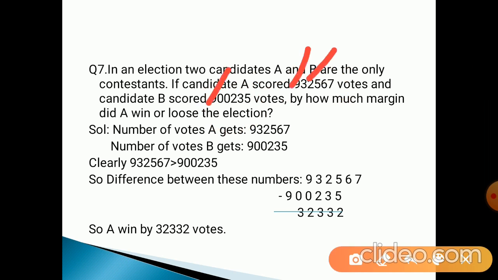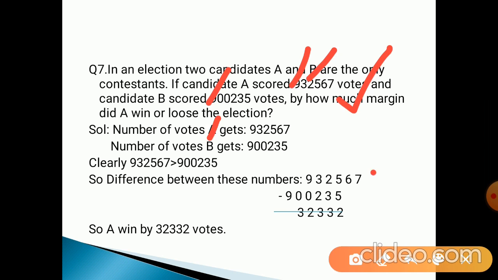Here 3 is greater than 3, so we know that this number is greater than the second number. If the number of A is greater, that means A gets more votes. Now we need to tell by how many votes A wins the election, or we can say A को कितने ज़्यादा vote मिले. So we will take the difference of these numbers.